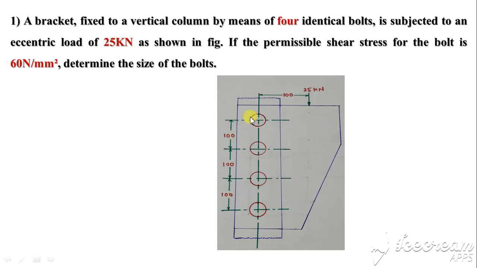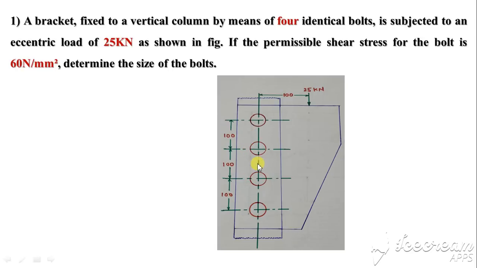So just consider this diagram. Load is applied here with the eccentricity, small e, of 100 mm. Looking at the diagram, you can see the CG of the bolt system is at the geometric center of this plate. So that means this distance is 100, 100 and 100.